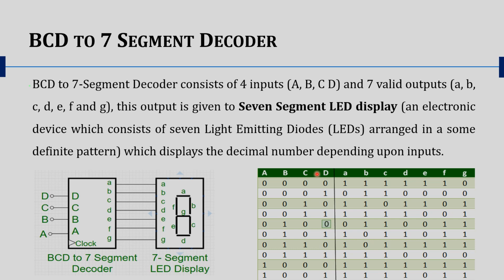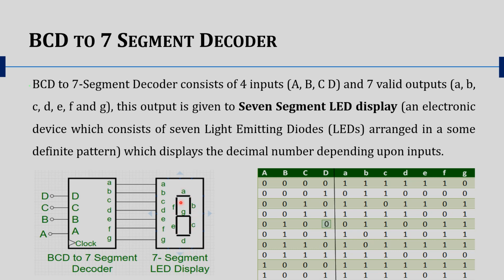This 7 segment LED display is an electronic device which consists of 7 light emitting diodes, 7 LEDs, arranged in some definite pattern which displays the decimal number depending upon the inputs. So depending upon the inputs, it displays the decimal number.